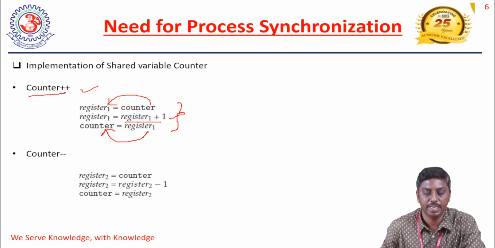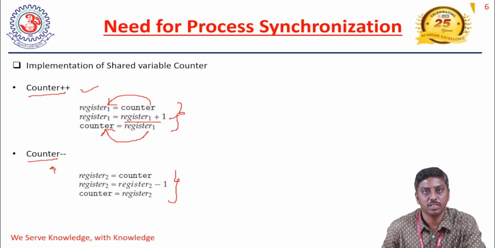Clear, right? In a similar way, for counter minus minus also, the code is like this. We cannot say that register 1 is always available. The system might have allocated some other register when this process is executing. There is no rule that the counter should always go to register 1 only.